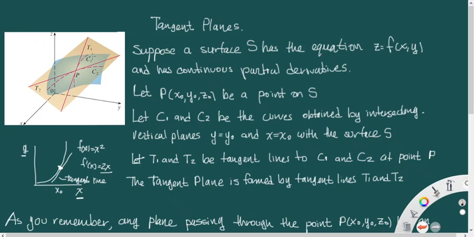This little blue surface, this is the curve like this one, but in the three-dimensional space. So let's suppose that we have this surface. This blue surface is the one that you are seeing here.